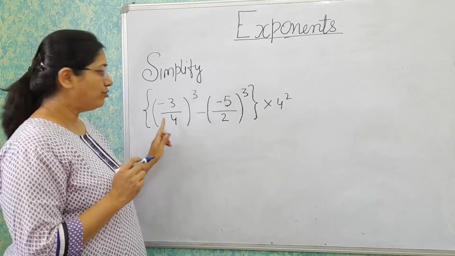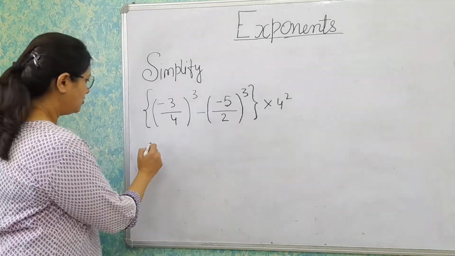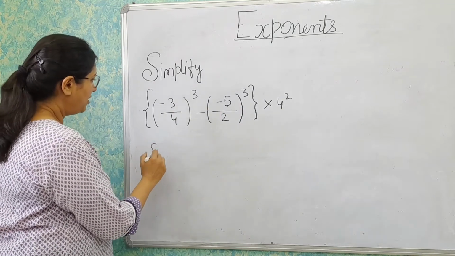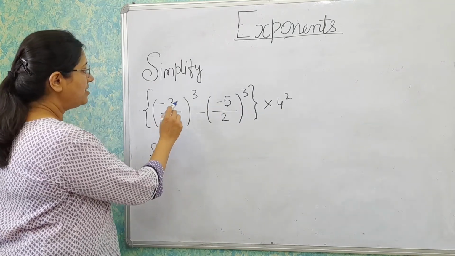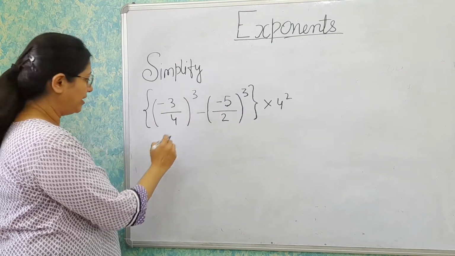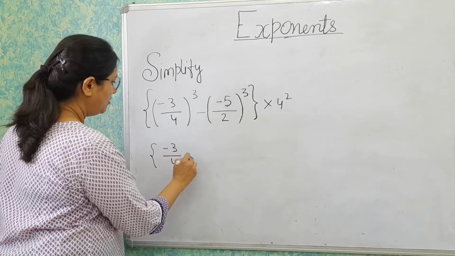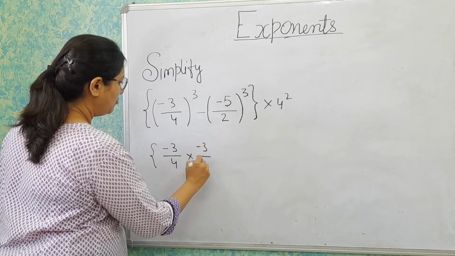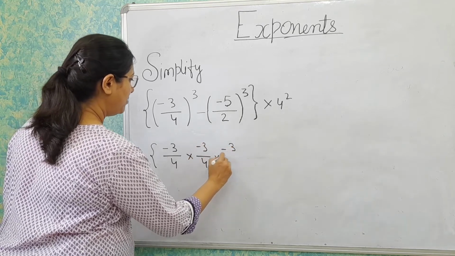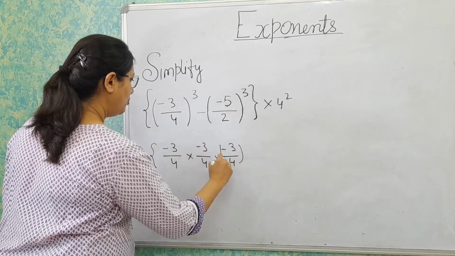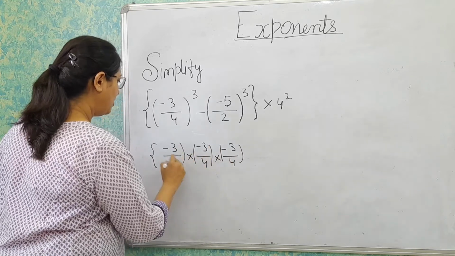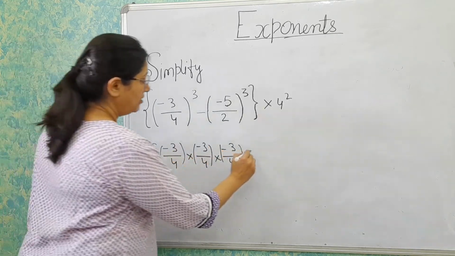So first I have to solve this bracket. So first I will write the middle bracket, then minus 3 multiplied 3 times. So I can write it as minus 3 upon 4, again multiplied by minus 3 upon 4, again multiplied by minus 3 upon 4, and I will put them individually in small brackets.